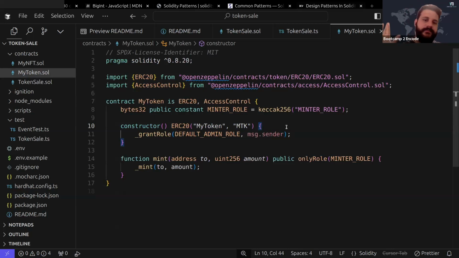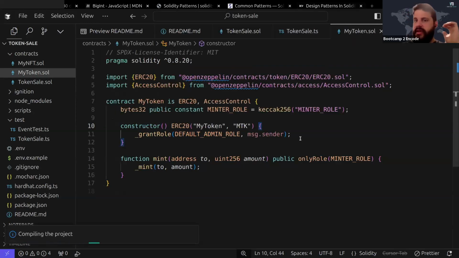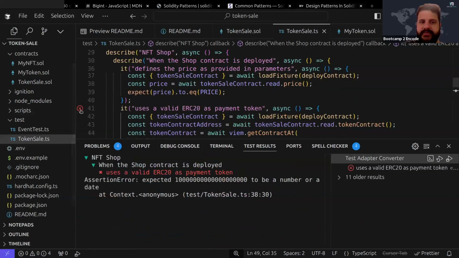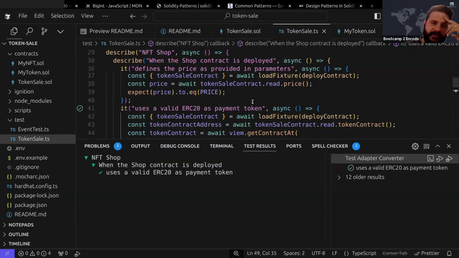Let's go slowly. Just remove this initial mint from the smart contract, compile the smart contract, and then I guarantee that the initial value of the total supply is going to be 0, so this test is going to pass very quickly.